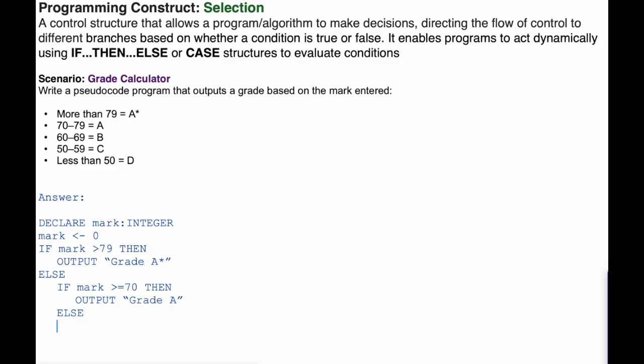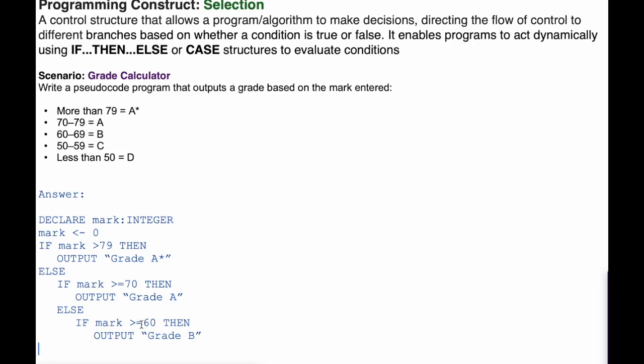So else if, now we're coming in again, if mark is greater than or equal to 60, then we are going to indent and output grade B.